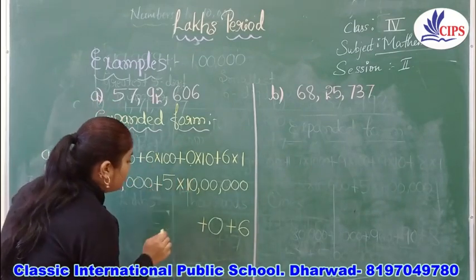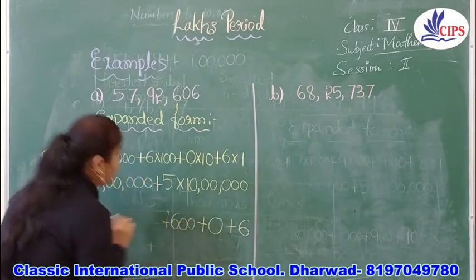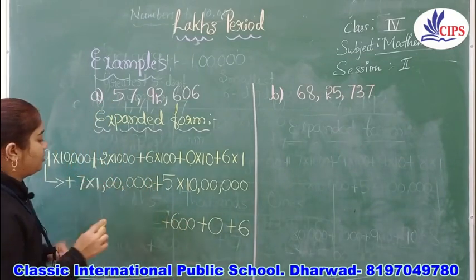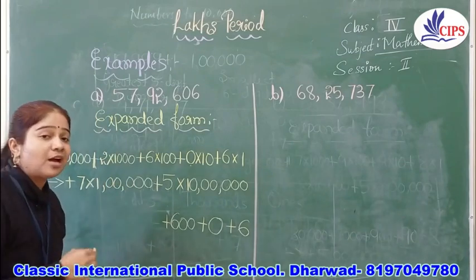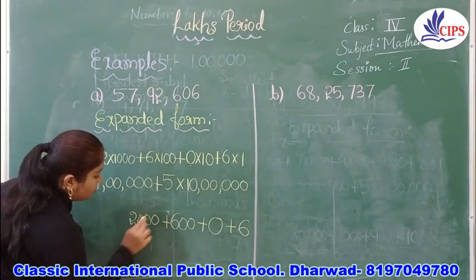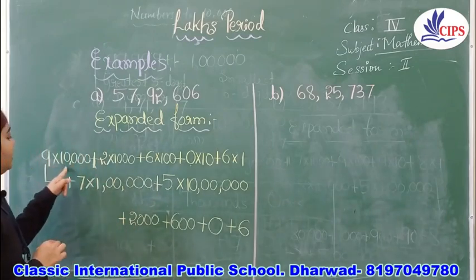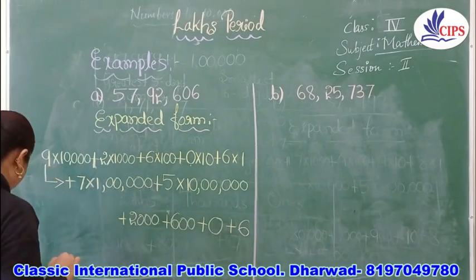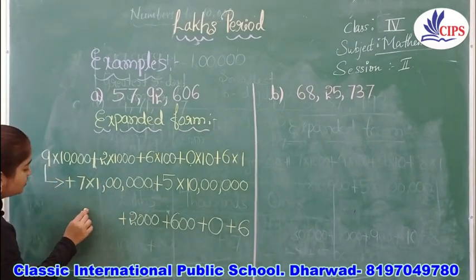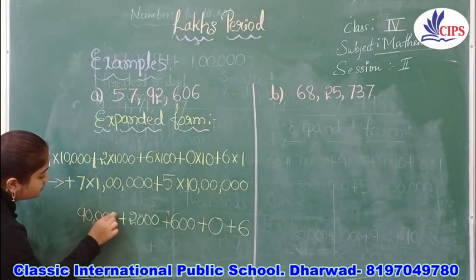Next, 6 into 100, 600, plus 2 into 1000. What's 2 into 1000? It is 2000. Next, 9 into 10,000. What does it become? It is 90,000.